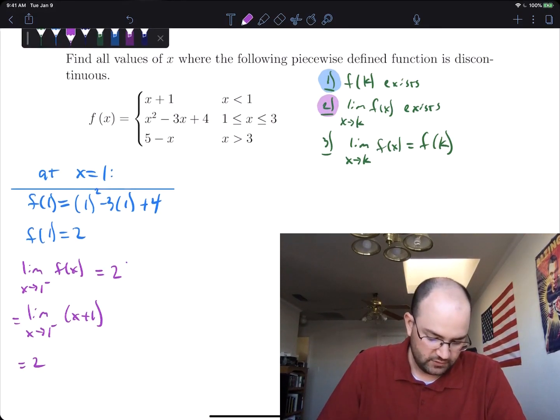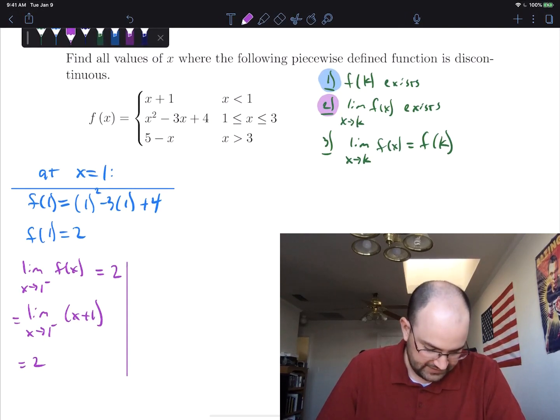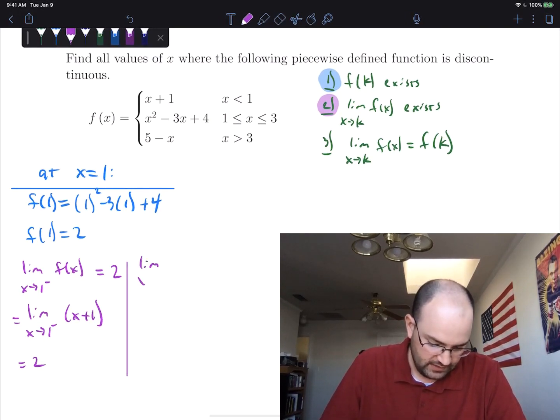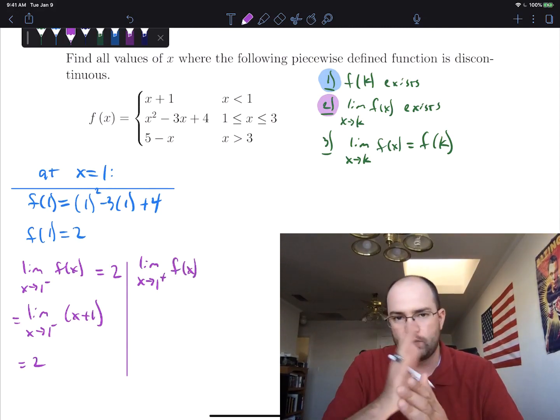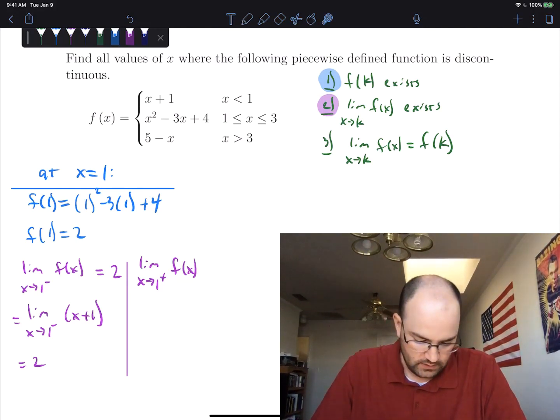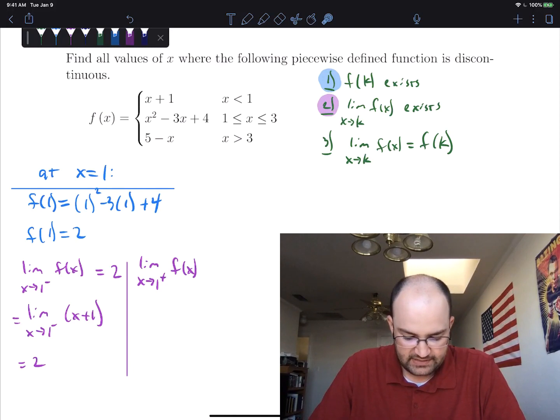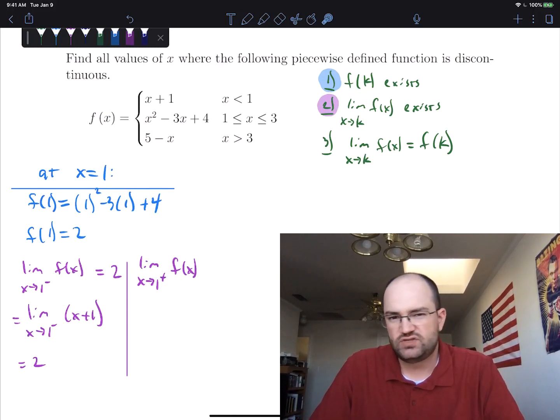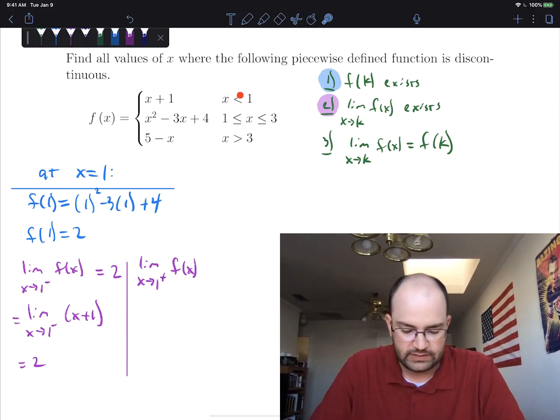The next thing we need to do is figure out the limit as x approaches 1 from the right of f of x. In other words, just to the right of 1, what is the function value? Well, notice that if I go right of 1, let's say even just 1.1 would work. Is 1.1 less than 1?